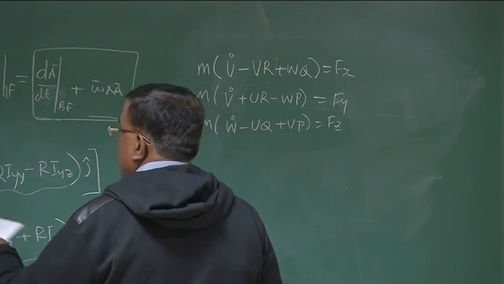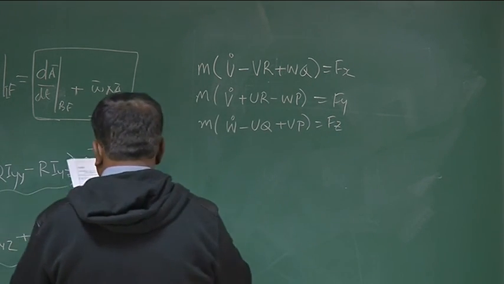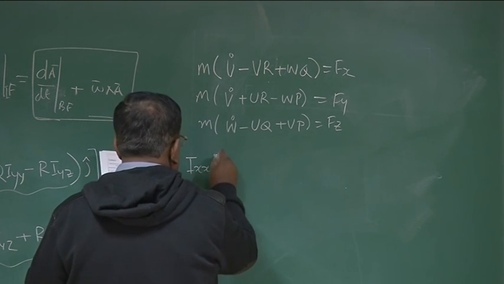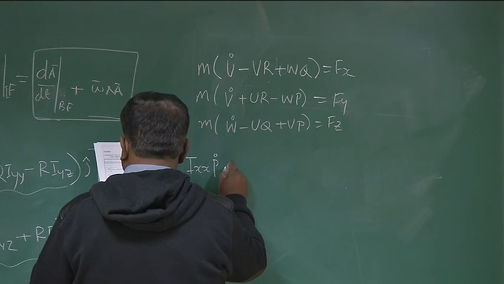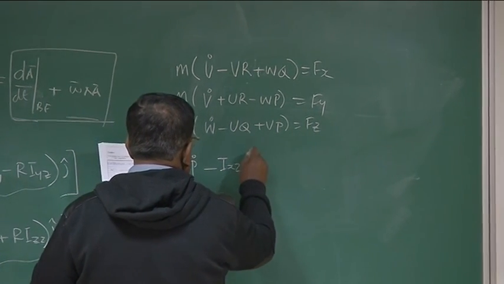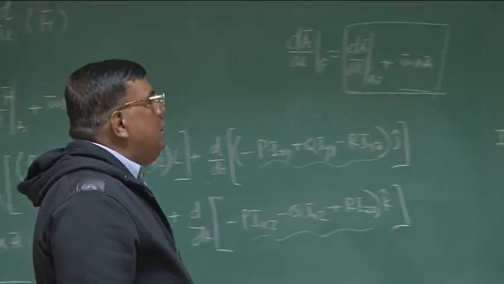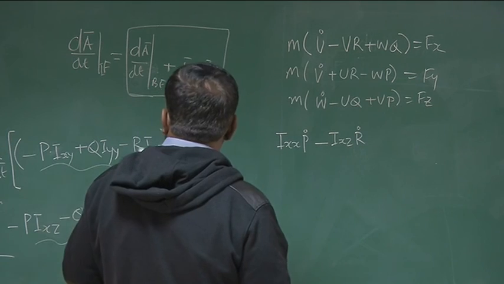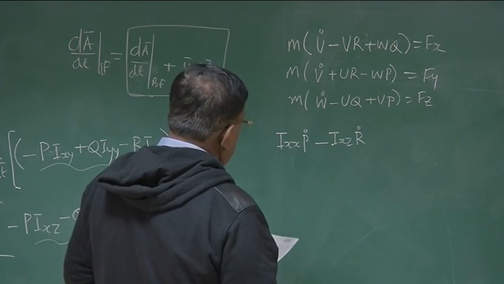And if you do this operation, you will get an equation like this: ixx p dot minus ixz r dot.